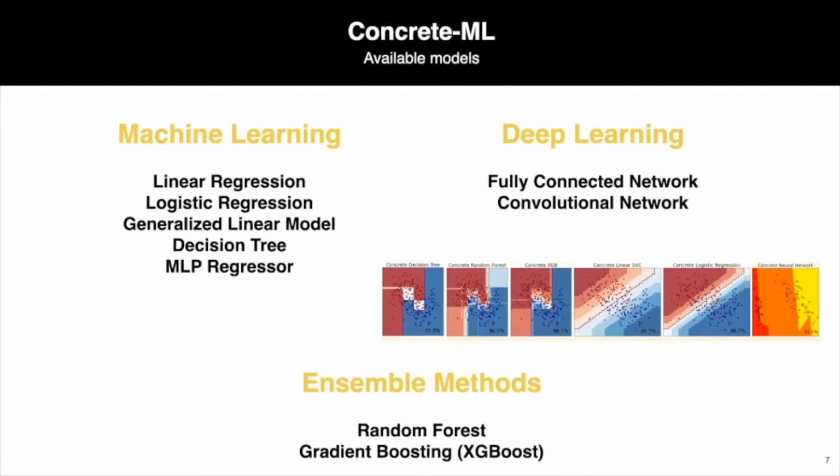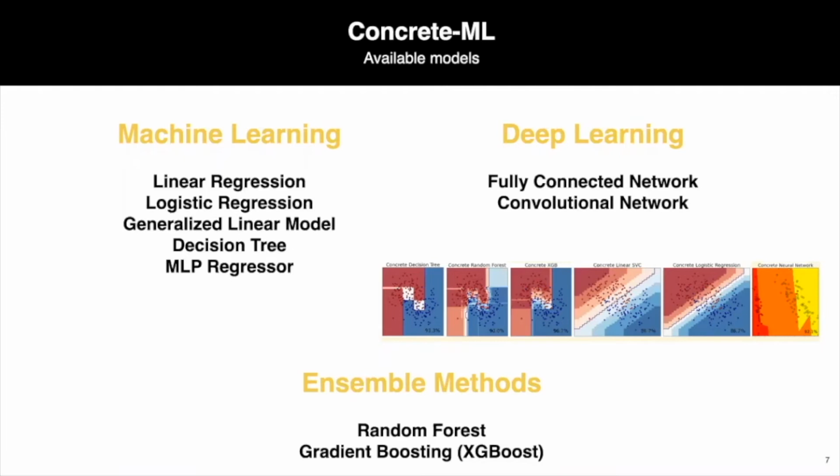We have something which really works fine with Concrete ML, which is the tree-based models. Here, the decision tree. And finally, we have the MLP regressor, the multi-layer perceptron regressor. On the deep learning side, more on the Torch side, we are currently supporting some fully connected networks and convolutional networks.